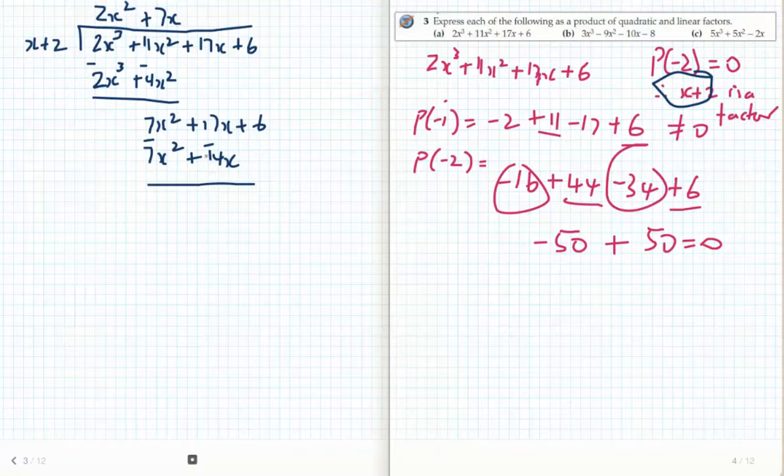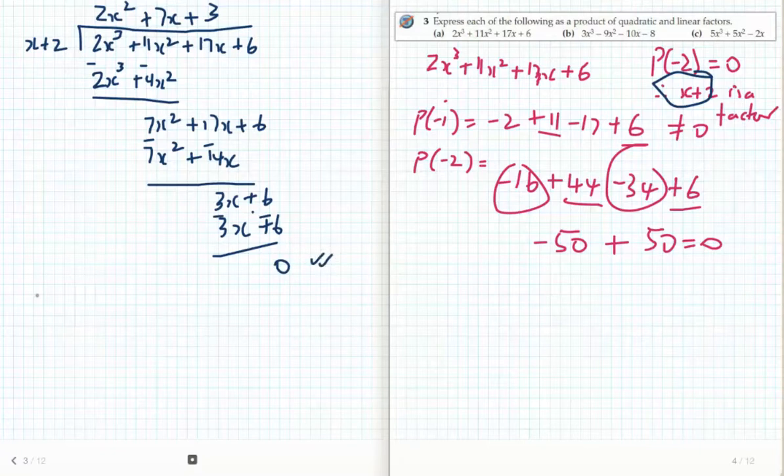Okay, so I've got up to the point where that minus that, 17 minus 14 is 3x plus 6, and x goes into 3x plus 3 times. 3 times x is 3x, 3 times 2 is 6. Subtract the second from the first, remainder of 0, exactly what I wanted.